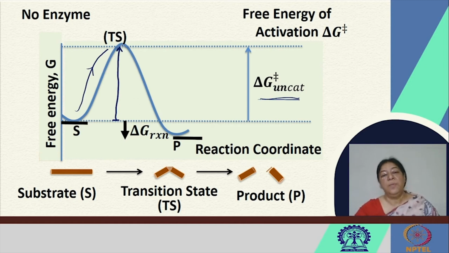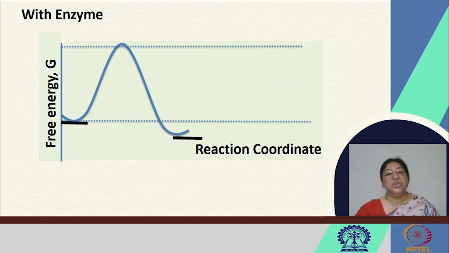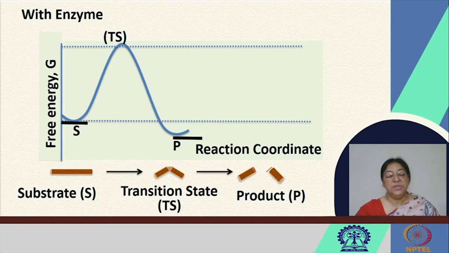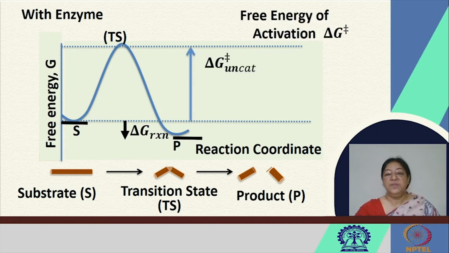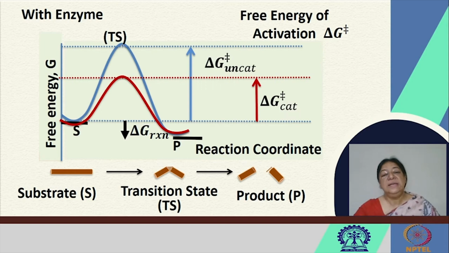We know from our understanding of catalysis that if we consider the same reaction with the enzyme, we would have the substrate, the product, the transition state, but the delta G reaction would be the same. We would have the free energy of activation for the uncatalyzed reaction, followed by the delta G of the catalyzed reaction.